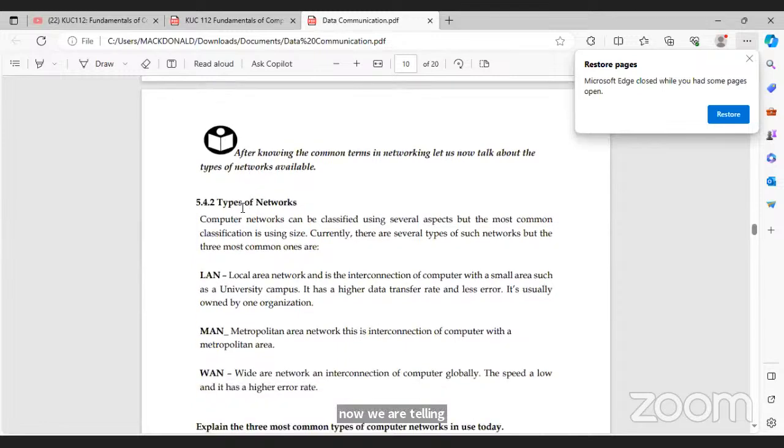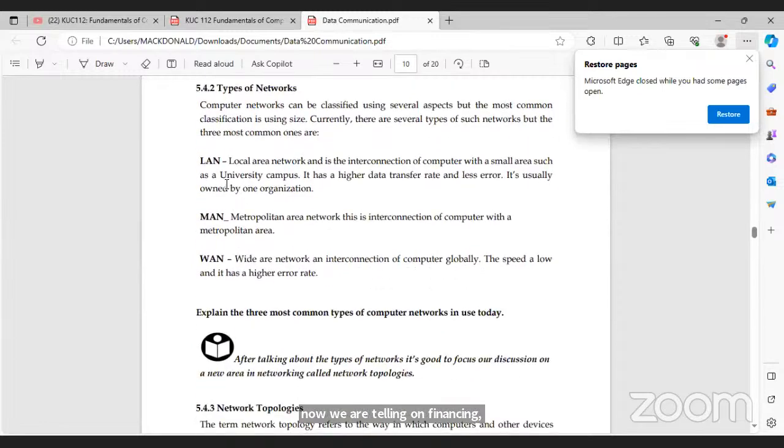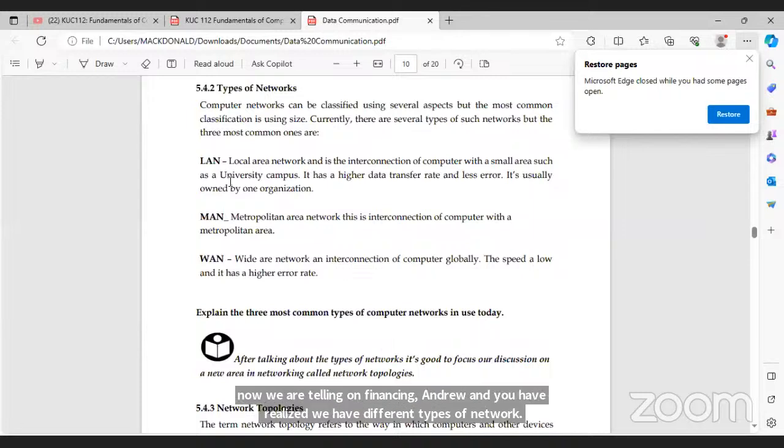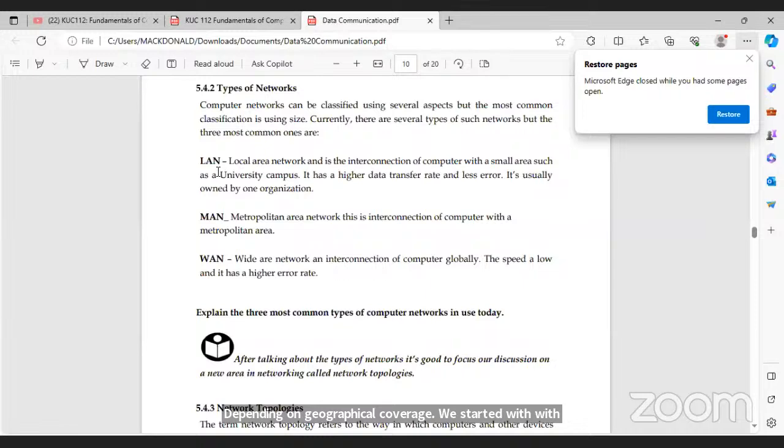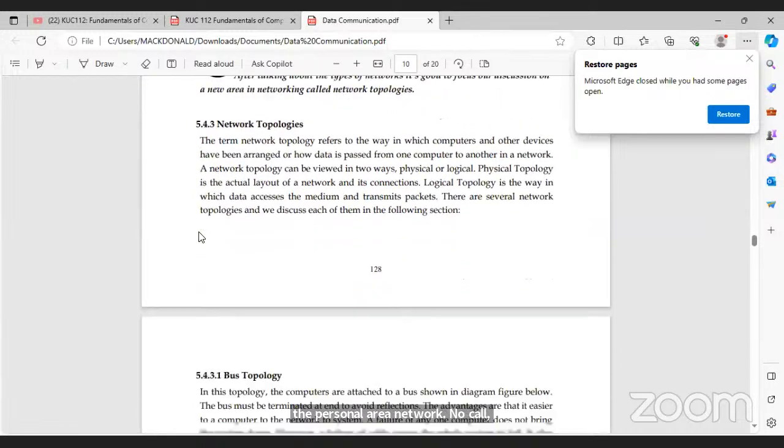We have also realized we have different types of network depending on geographical coverage. We studied the personal area network, local area network, metropolitan area network, and wide area network.